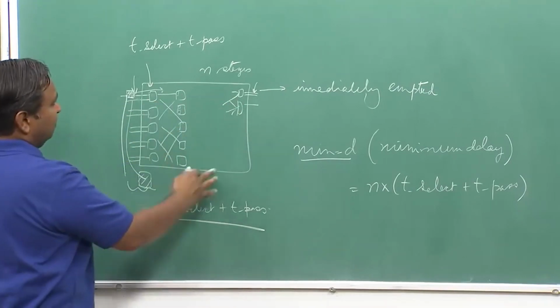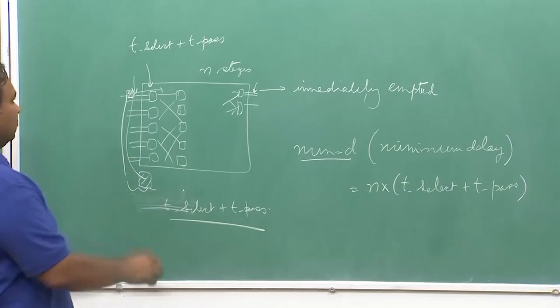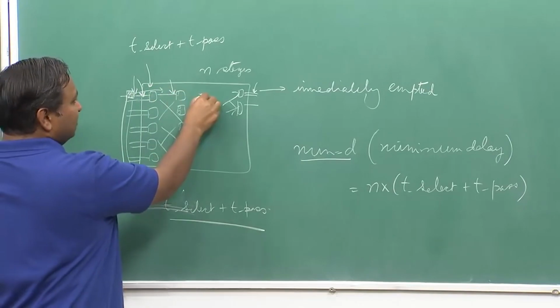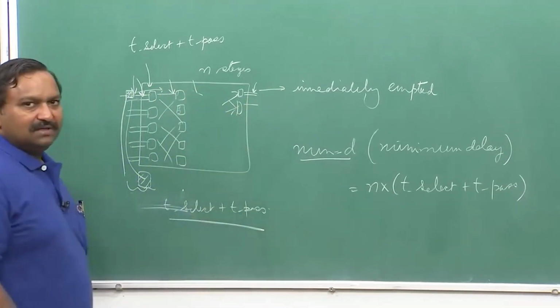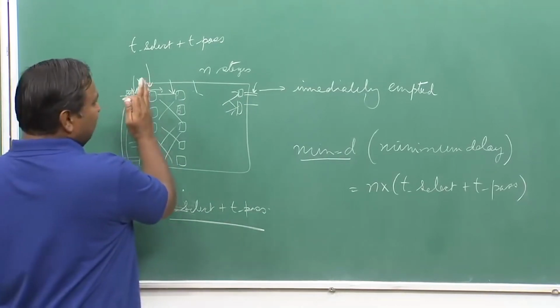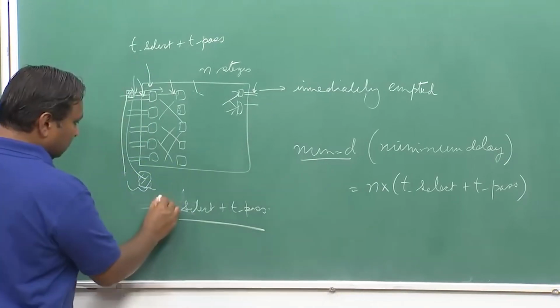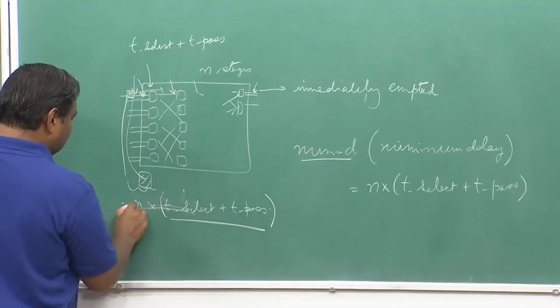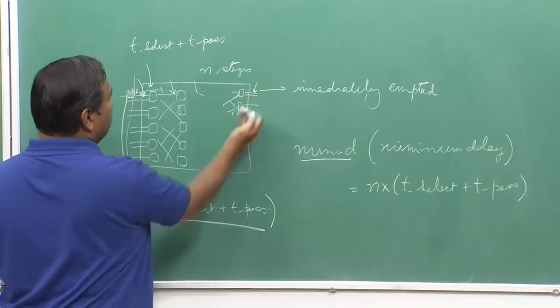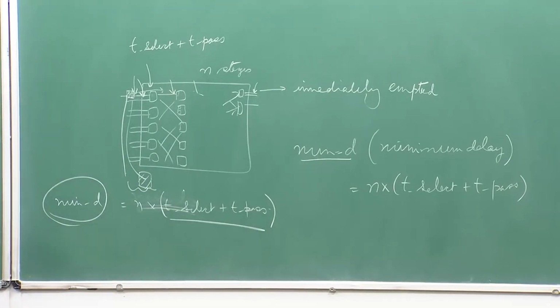But if you have this kind of system and there is no buffering, a packet comes here, it is selected, passed out, packet analyzed, passed out, packet analyzed, passed out. If there is a conflict, the packet is simply dropped. In that case, in an unbuffered system, the packet will require T select into n, min d amount of time for reaching from input to output. So, in an unbuffered system, the minimum delay will be min d. In fact, the only delay will be min d or infinite: either the packet will be delivered or it will not be delivered. Okay.